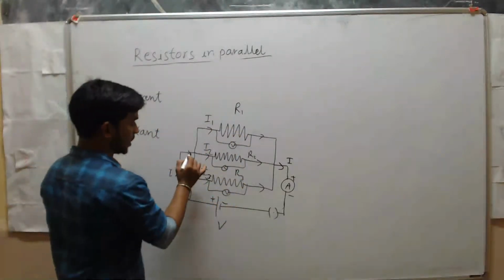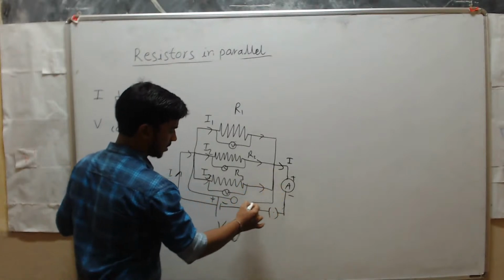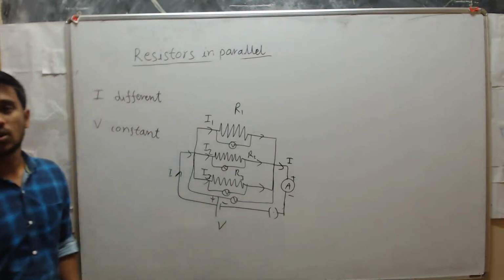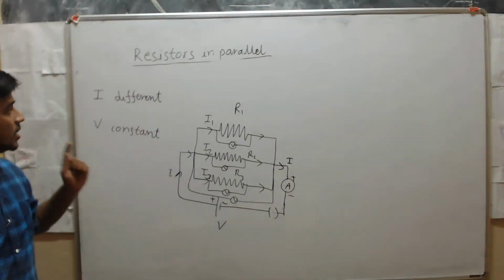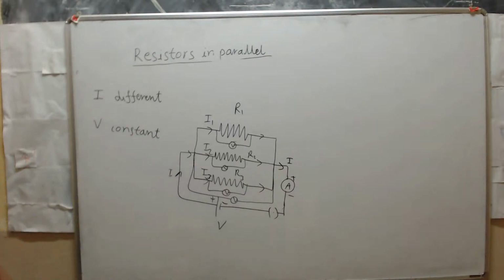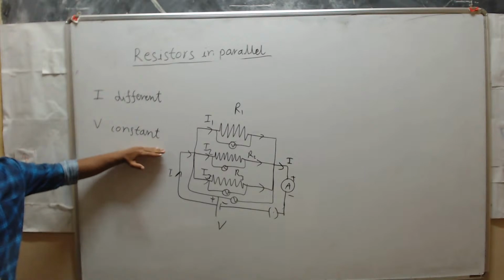Or if you connect a voltmeter here for the entire circuit, for these three resistors, then you will get the same voltage. The resistors are in parallel. Here current is different, voltage is constant.